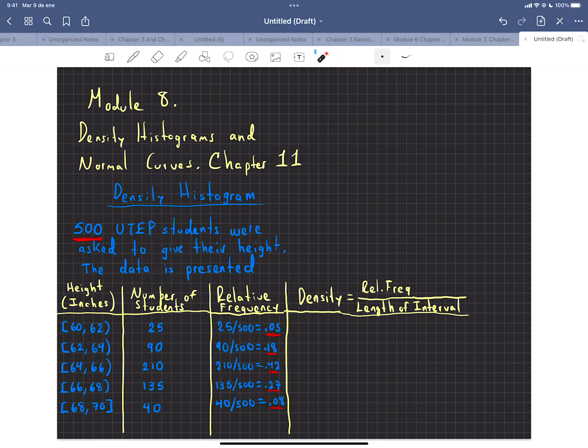So divide 0.05 by 2. So we have 0.025. 0.18 divided by 2, 0.09. 0.42 divided by 2, 0.21. 0.27 divided by 2, 0.135. 0.08 divided by 2, 0.04.